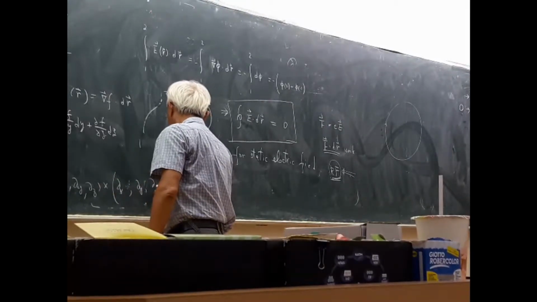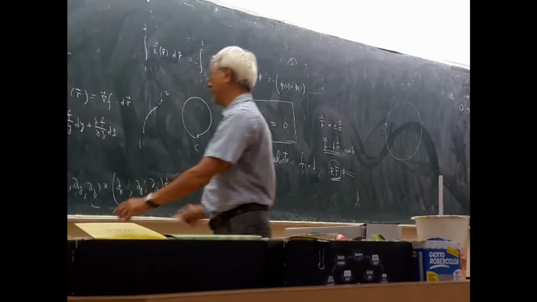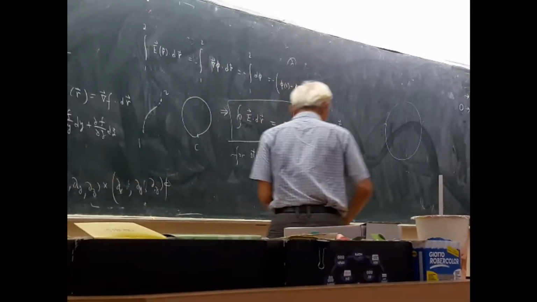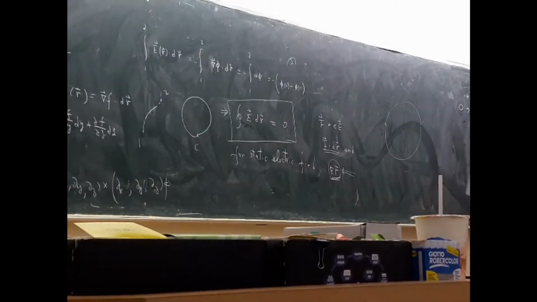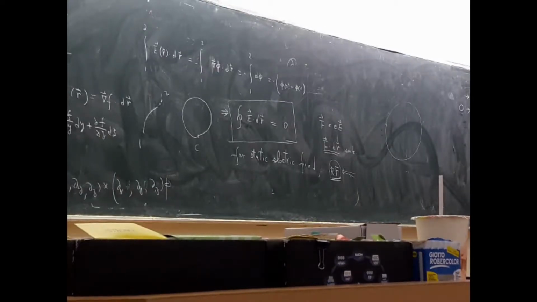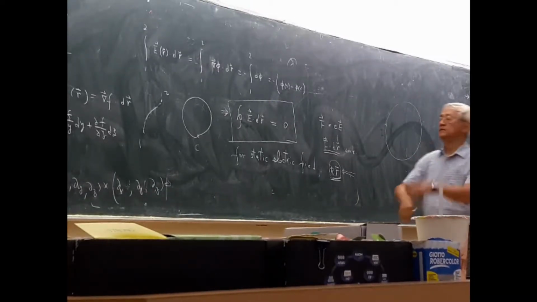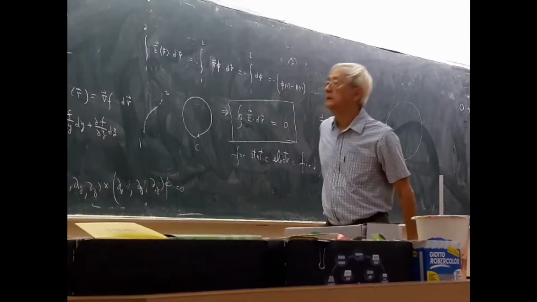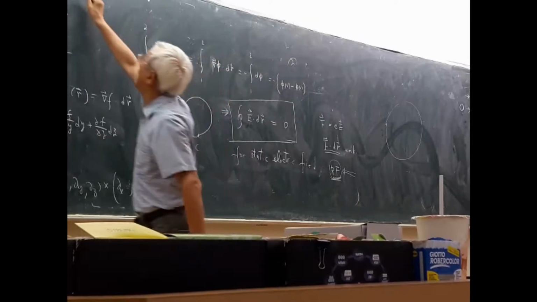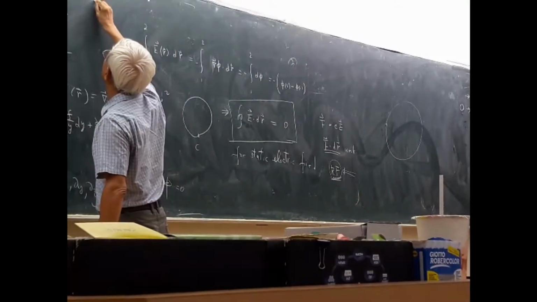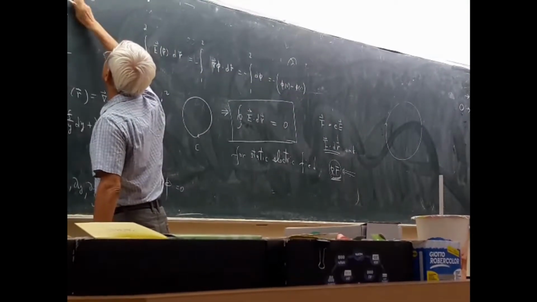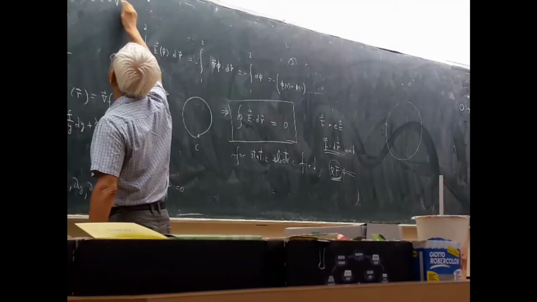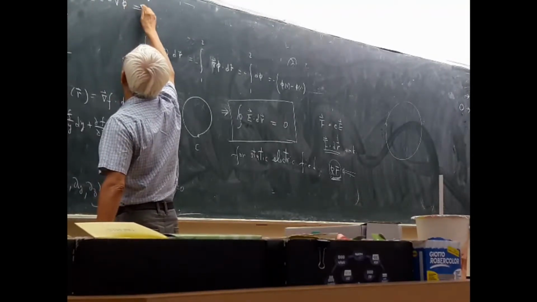So you get the same factors, differentiation with respect to x, y. The order of differentiation can be exchanged, so this is 0. So E equal to minus gradient phi implies curl E is 0.